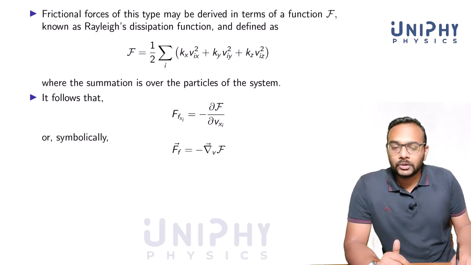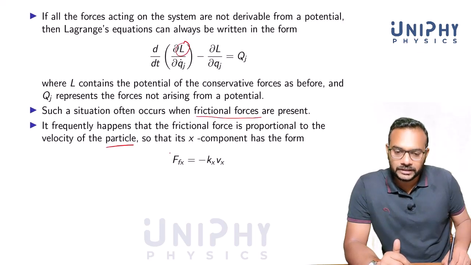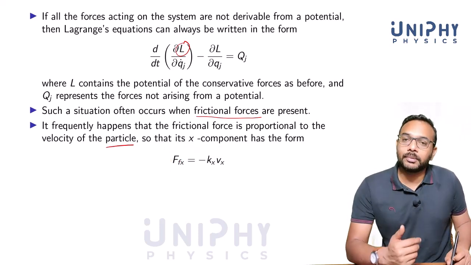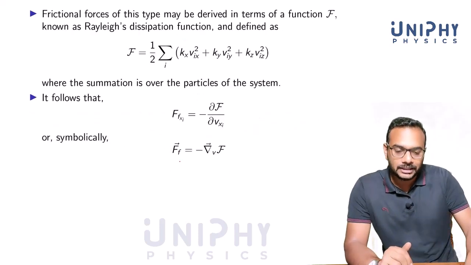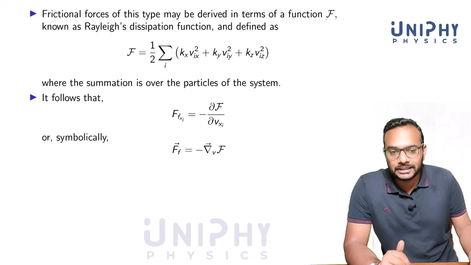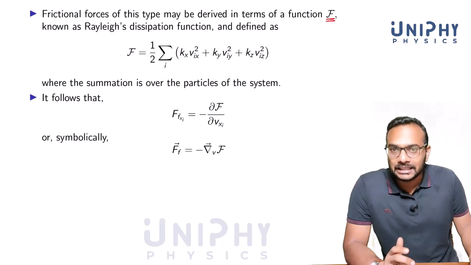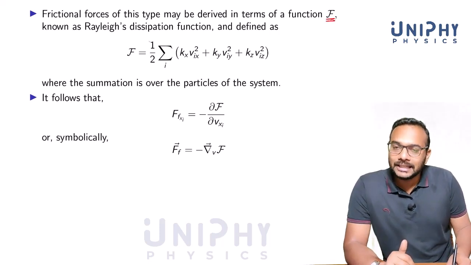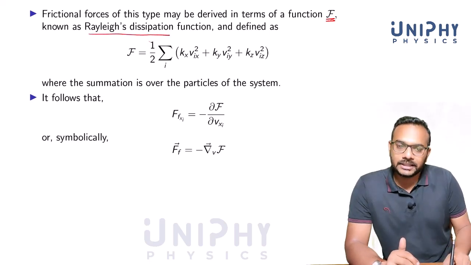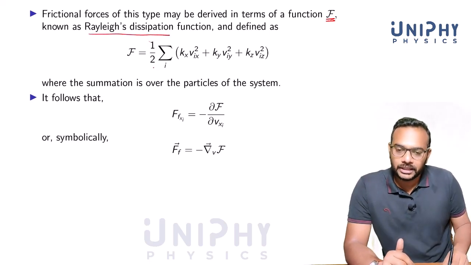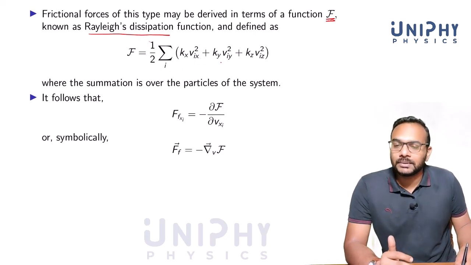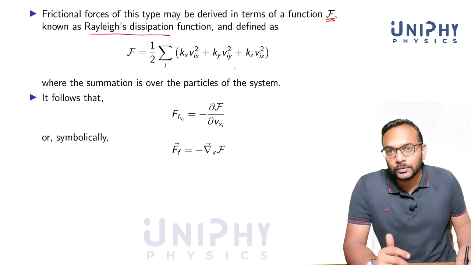Now, if the frictional forces are of this kind, proportional to the velocity of the particle, then they can be derived from a function which we call curly F. It's known as the Rayleigh's dissipation function, and it's defined in this form: F equals half sum over i of kx Vx square plus ky Vy square plus kz Vz square.